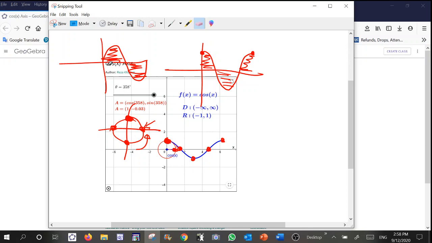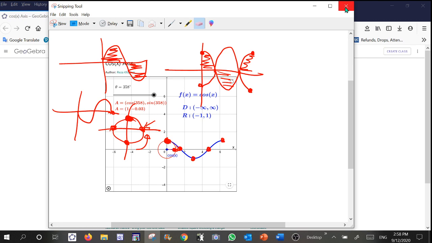Okay? Now, if you flip the sine and cosine over the x-axis, then you get 2 different patterns. You get this pattern, right? And for cosine, of course, you get this pattern, right? And we're going to talk about all this.